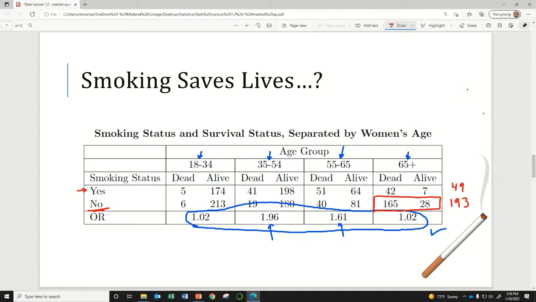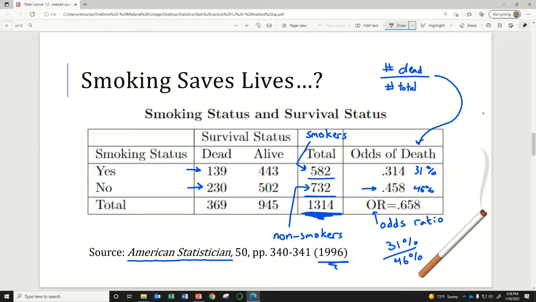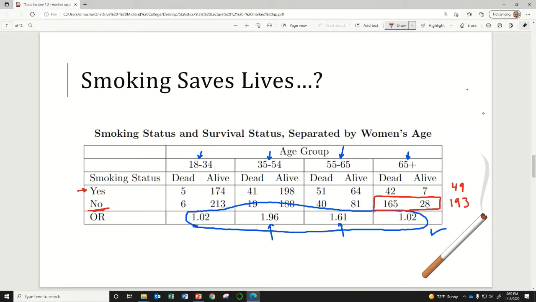So they were able to conclude that smoking evidently, according to this odds ratio, does not increase your risk of mortality, basically by stacking the study. They were only choosing non-smokers who were really old and were likely to die anyways just because of their age.